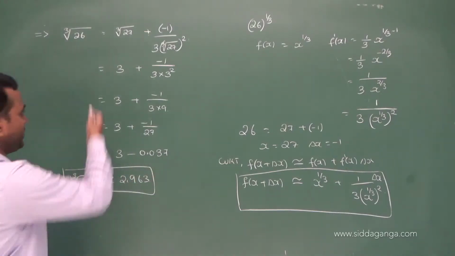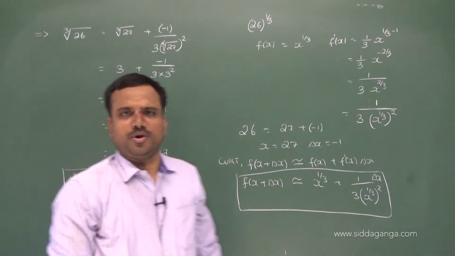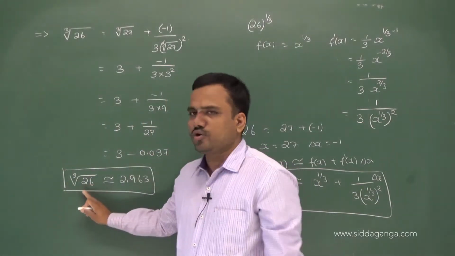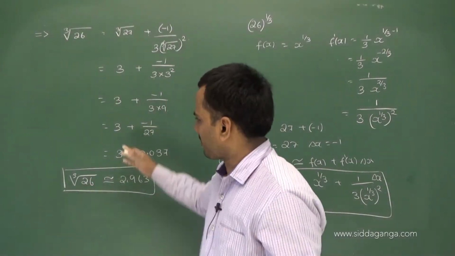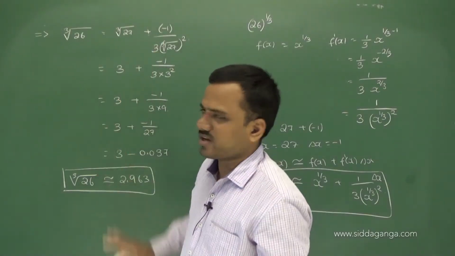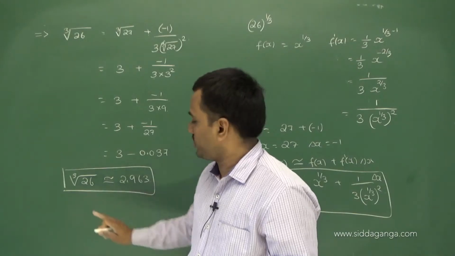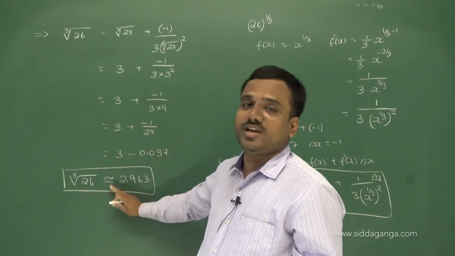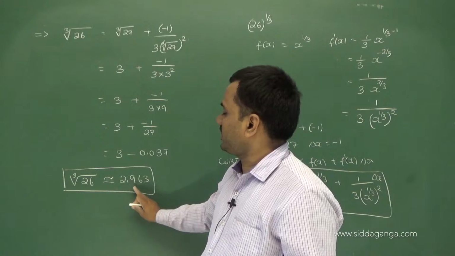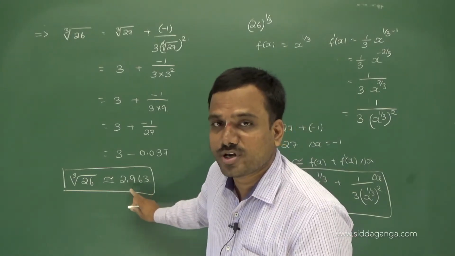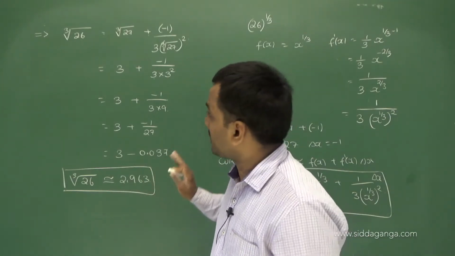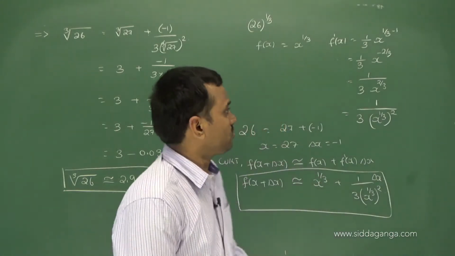I write equal for practice. Approximate value of cube root of 26 is approximately equal to 2.963. Understand the concept of cube root.